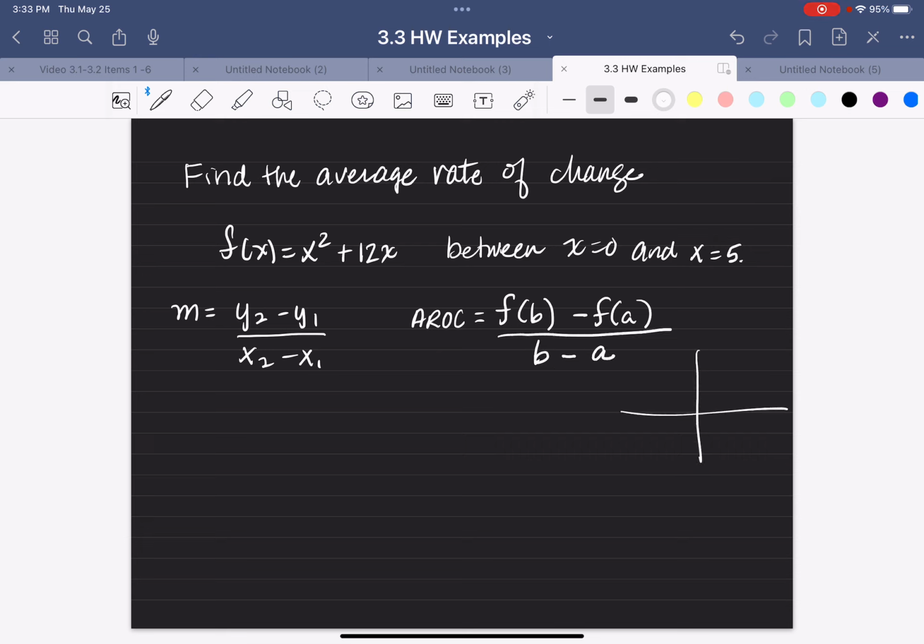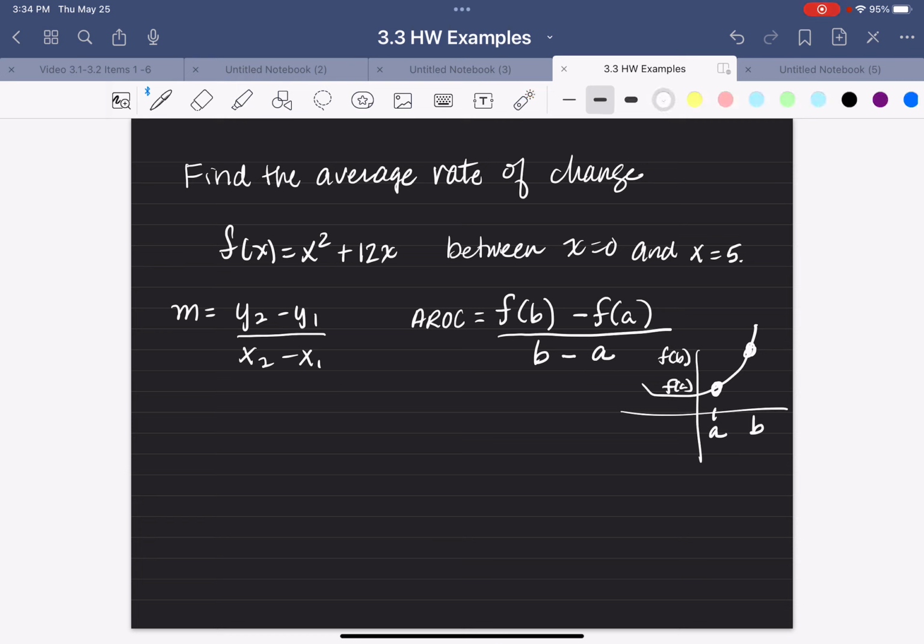Because we don't have a line anymore, we have a curve, we call the first x A, the second x B. So this is f of A and f of B. So it's still y2 minus y1 over x2 minus x1, only it's in this function notation format.